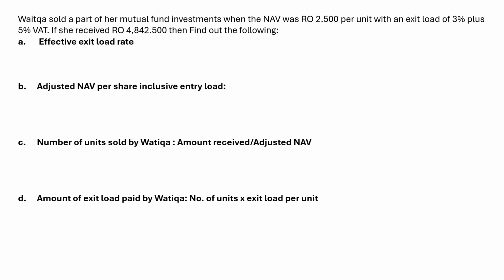First, the effective exit load, same as what we have done. Now we will find out the effective exit load. Remember, the exit load is 3%, so we will write 3% plus 5% VAT. 5% means 5 divided by 100. 5% of what? 5% of 3. So what will you get now?